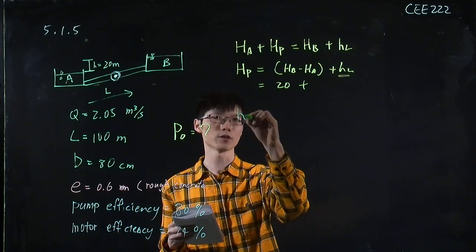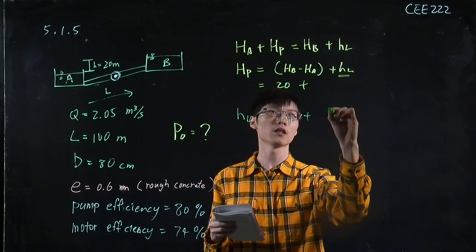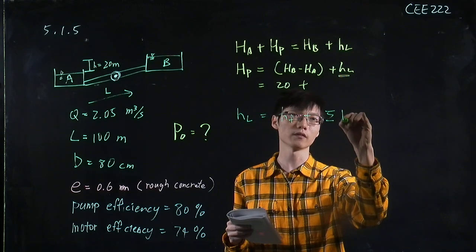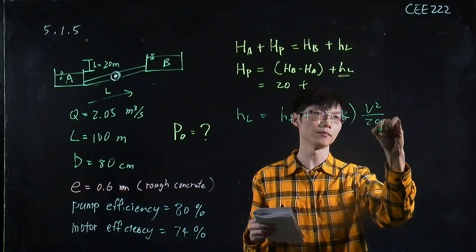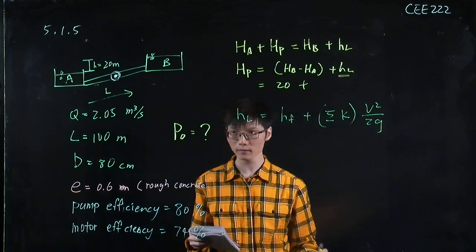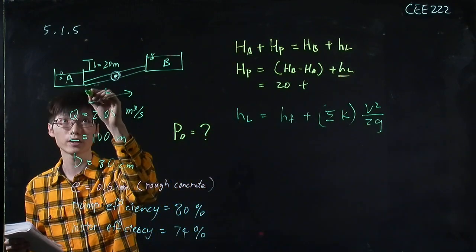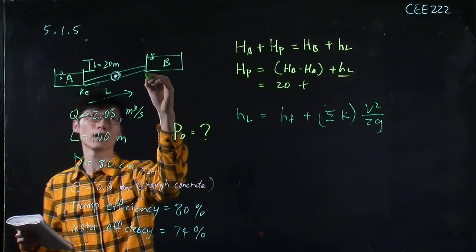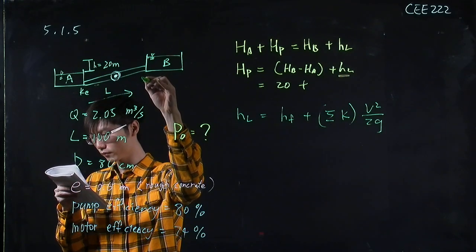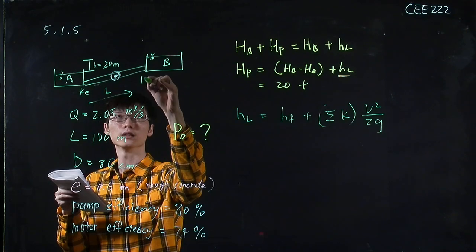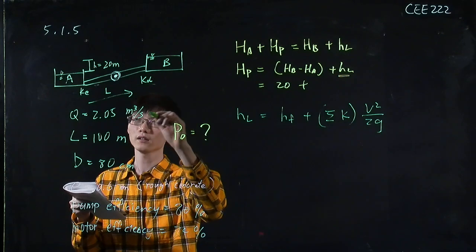I hope you still remember the head loss equation, which is equal to the friction head loss plus the minor head loss, which is the summation of the coefficient K times the velocity term. The minor losses that we consider in this problem are the entrance, KE, and the exit, KD.